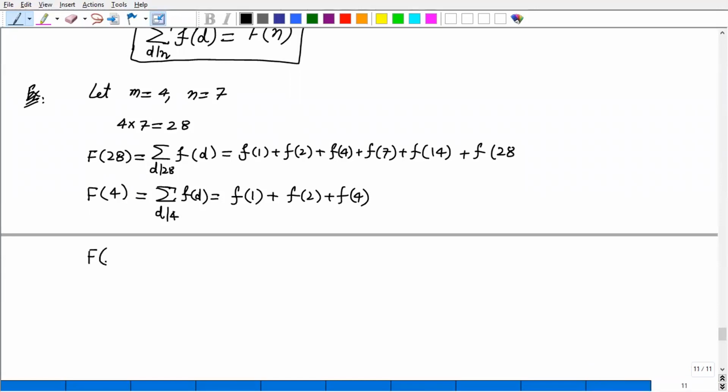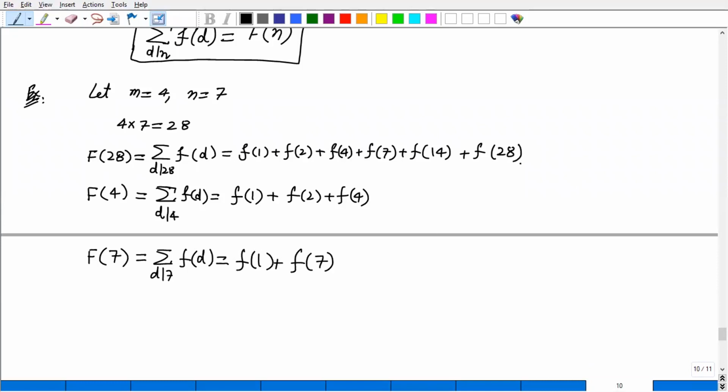Then F of 7. There are only two divisors of 7, which are 1 and 7 itself. So we can write f of 1 plus f of 7. Let me write brackets here as well.